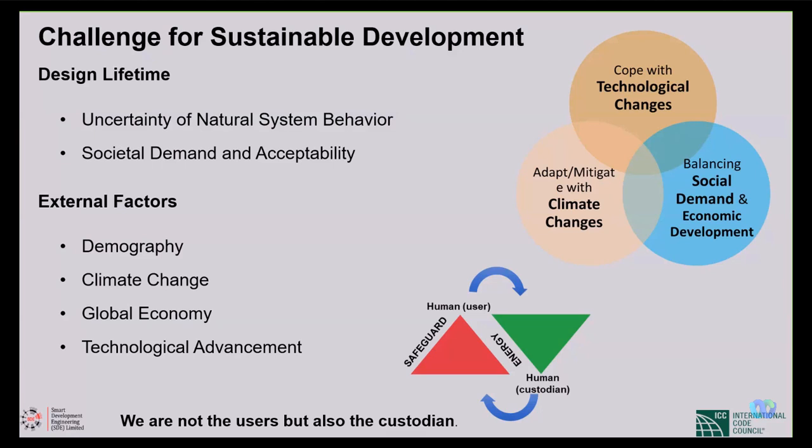When setting a design lifetime, this is important. The user says, okay, I'm going to use this building for 100 years. But when you're talking about 100 years, you don't look only at that moment in time. What are the uncertainties in the natural system? It means you put your plinth level or formation level in such a way that in 100 years it won't flood.